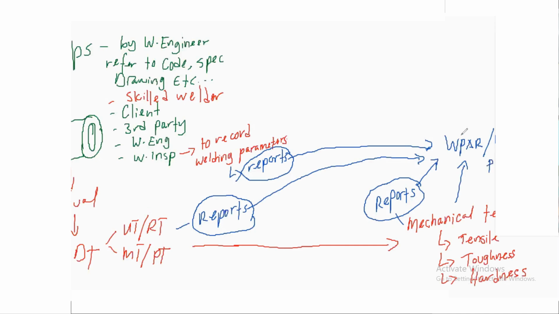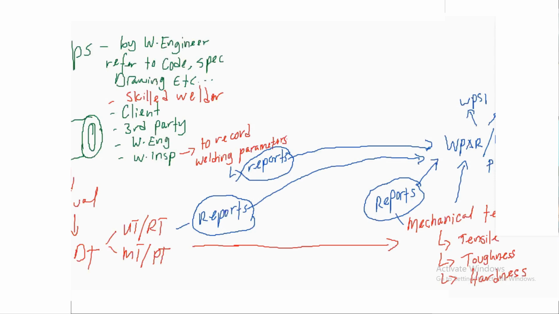But European maybe call it welding procedure approved record or welding procedure qualification record. From this WPAR, WPQR, the welding engineer will then write the WPS, maybe 1 or 2 WPS, maybe WPS 1, WPS 2, or maybe combine 2 PQR and make 1 WPS, also possible.